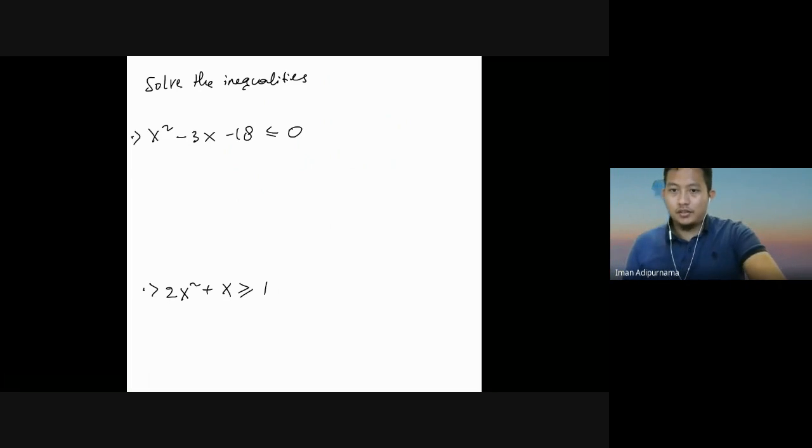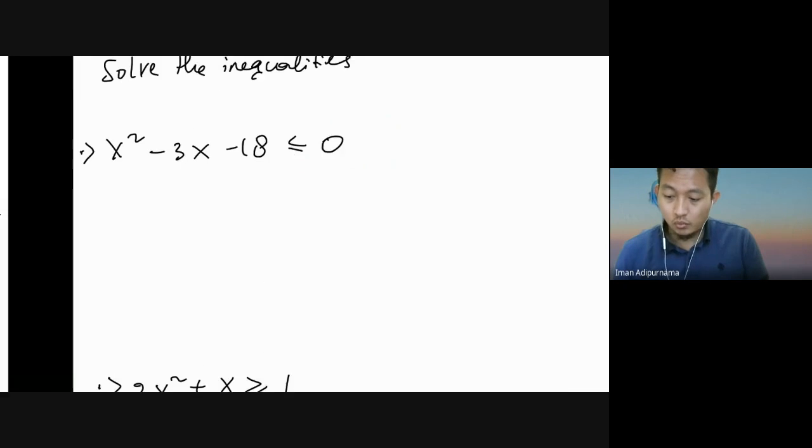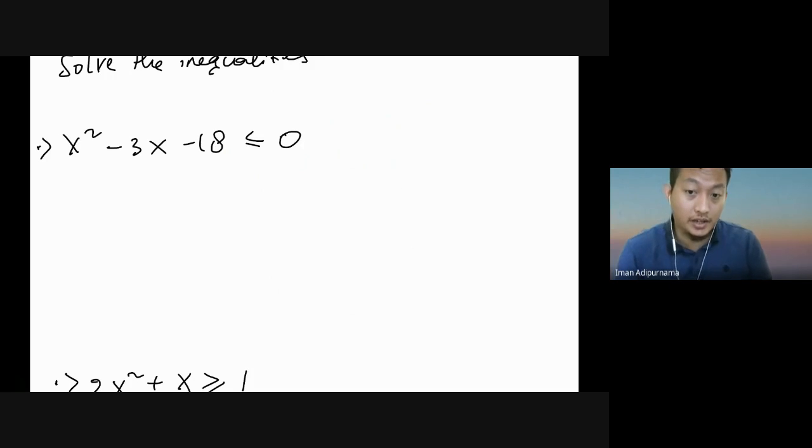So again, it doesn't matter which inequality you have, in my preferable method, I just make it into an equal sign first.